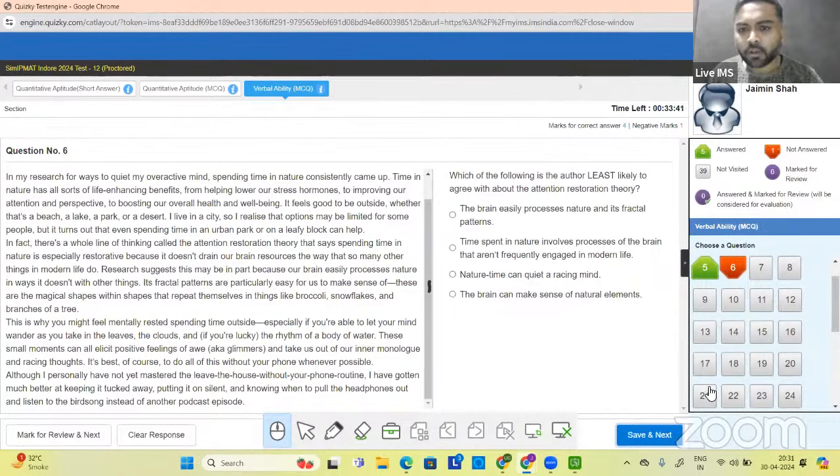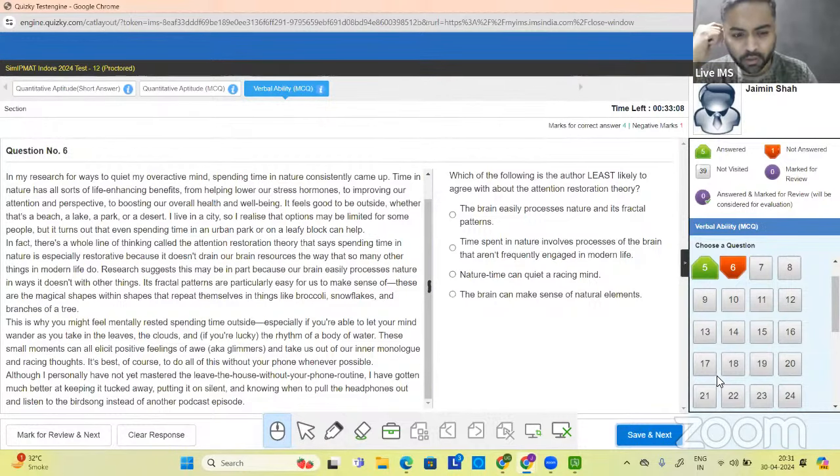Which of the following is the least likely to agree with about the attention restoration theory? The brain easily processes nature and its fractal patterns. Time spent in nature involves processes of the brain that aren't frequently engaged in modern life. Nature time can quiet a racing mind.